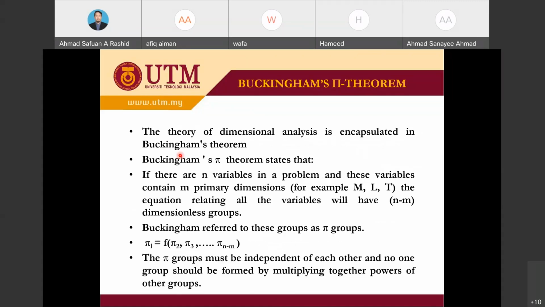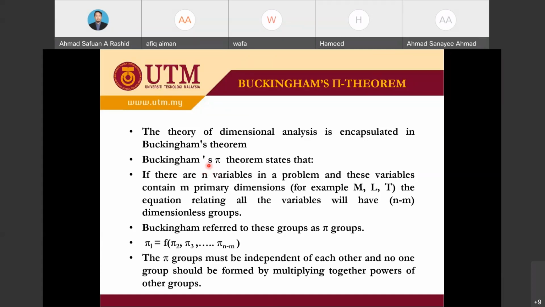So the theory of dimensional analysis is encapsulated in Buckingham's theorem. The Buckingham Pi theorem states that if there are n variables in a problem and these variables contain m primary dimensions, so we have here MLT, which is mass, length, time, and then we have another one which is FLT, force, length, time, then the equation relating all the variables must have n minus m dimensionless groups.